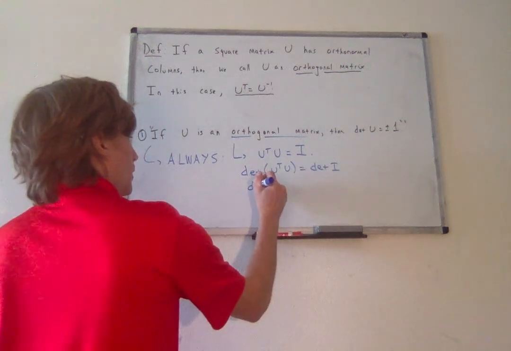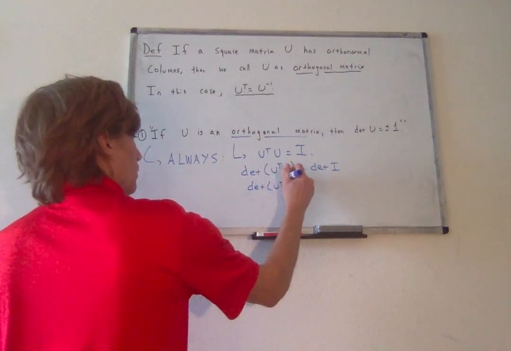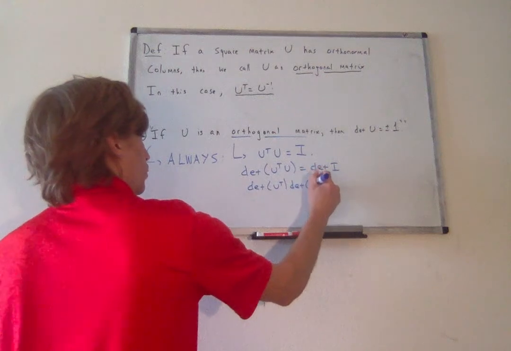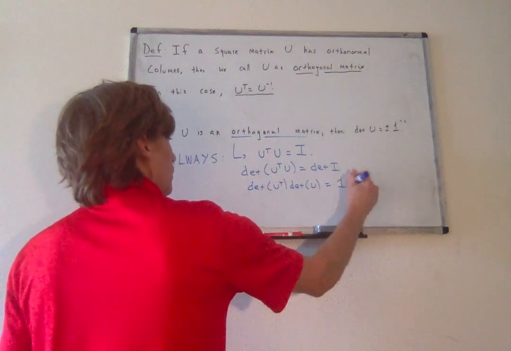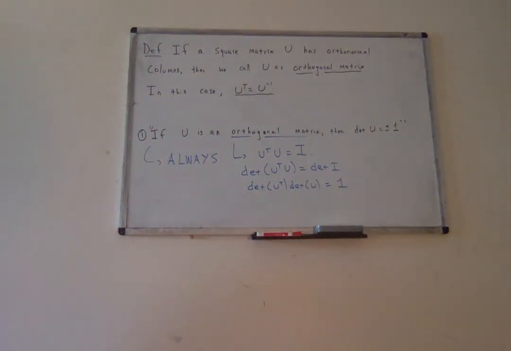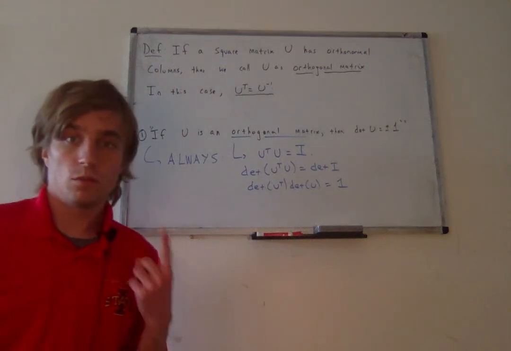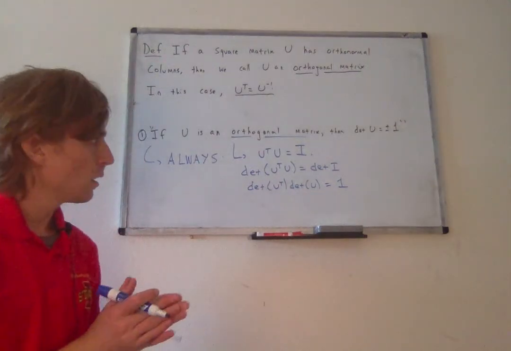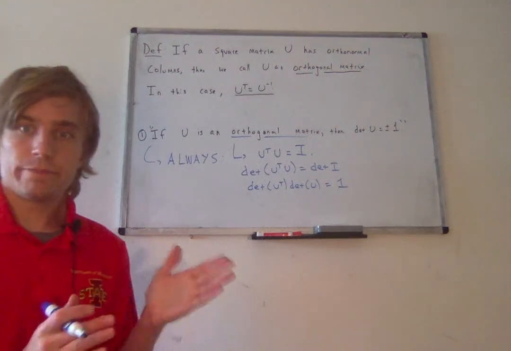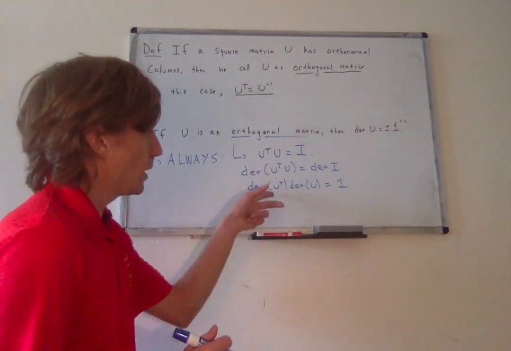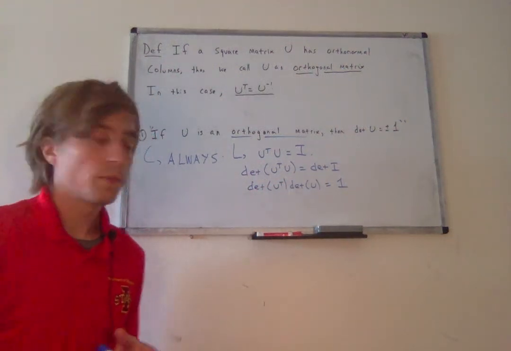But remember, we do know a few things, right? The determinant is multiplicative for one, and the determinant of the identity matrix is equal to 1. So at this point, we actually know the determinant of U transpose and U are equal.